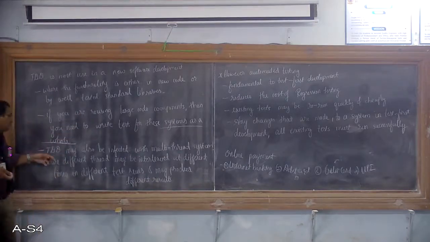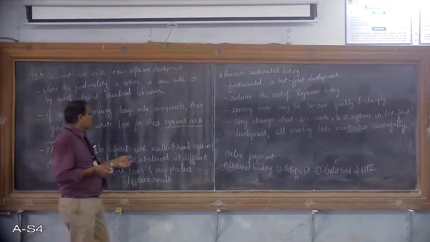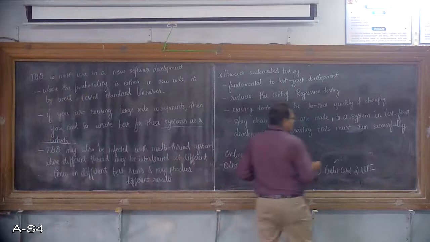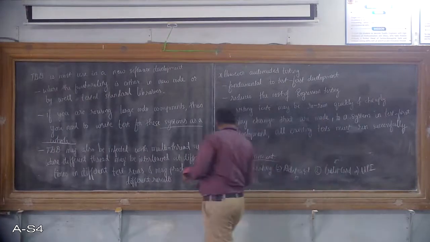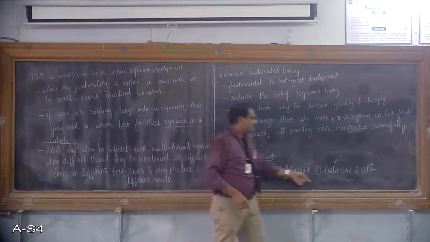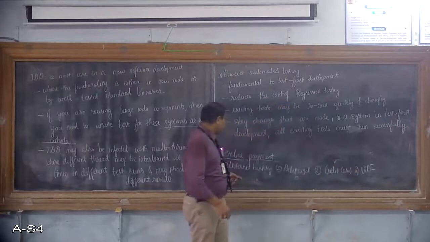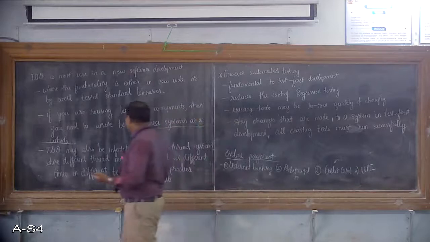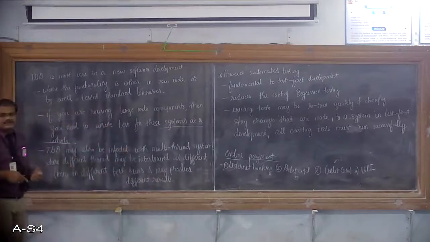Now, TDD may also be influenced by a multi-thread system, like my online payment method. These are 3 or 4 different threads: internet banking, debit card, credit card, and UPI. Every thread may use a different method. Why?